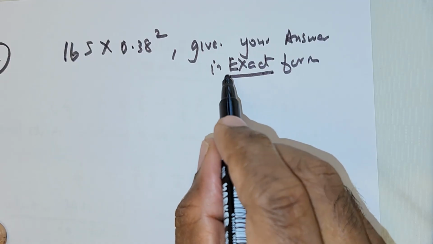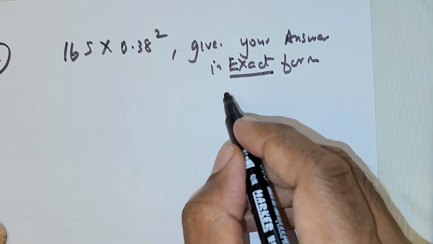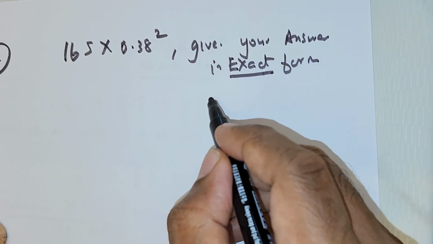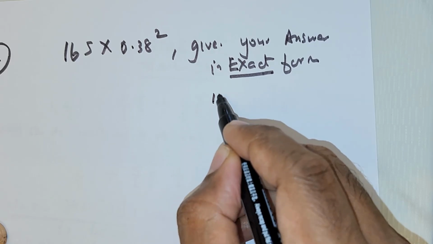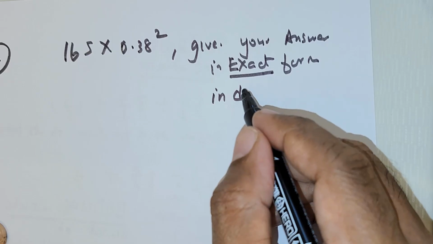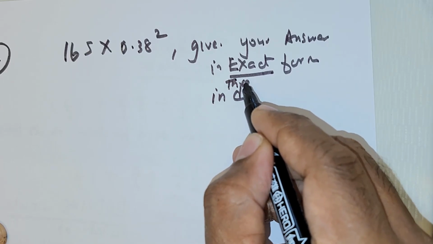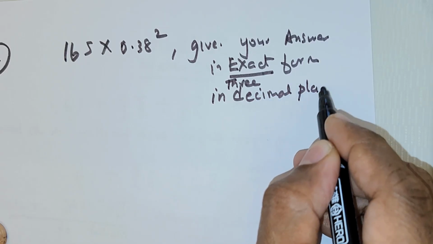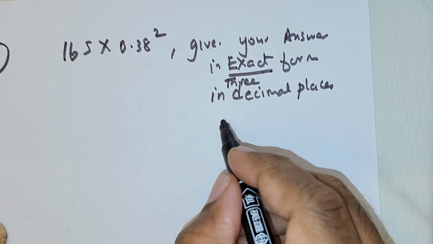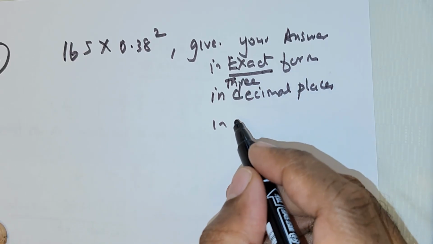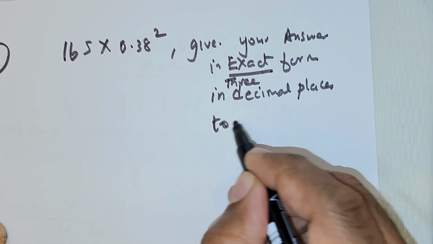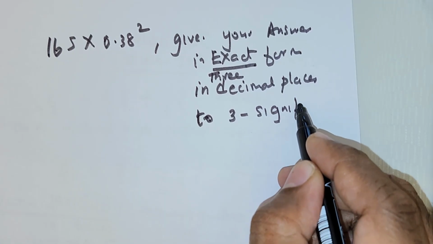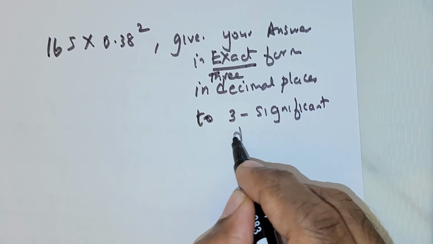Sometimes instead of using exact form, they might even ask you to give your answer in 3 decimal places, or give your answer to 3 significant digits.